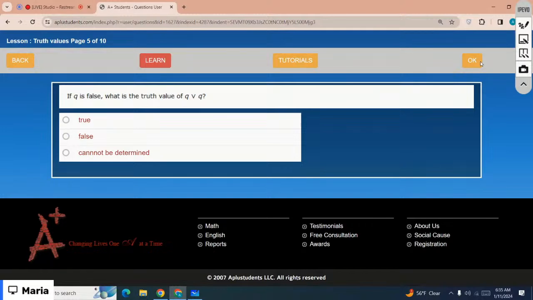If Q is false, what is the truth value of Q or Q? Which is the correct option?